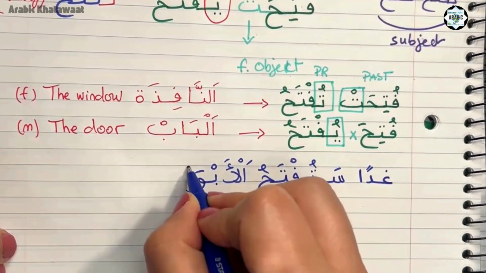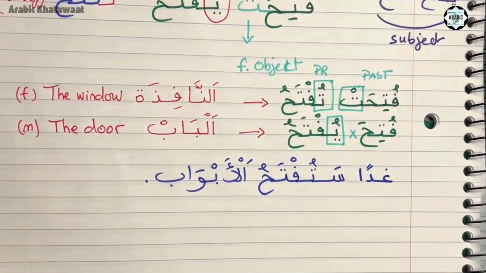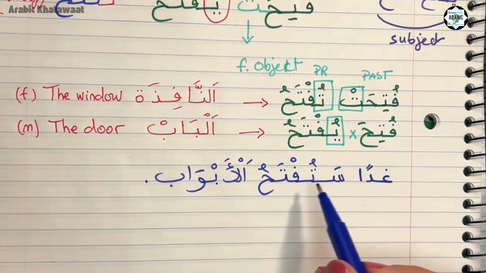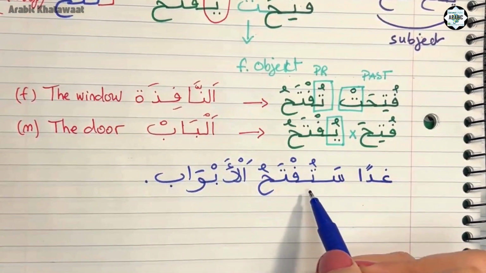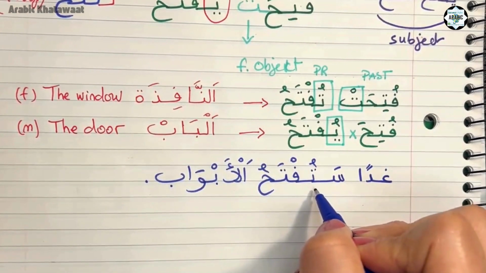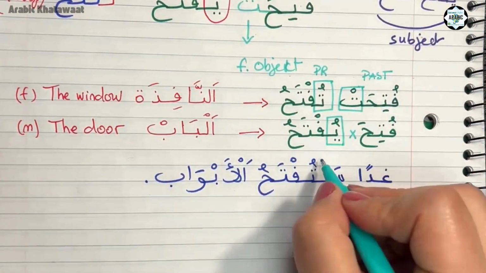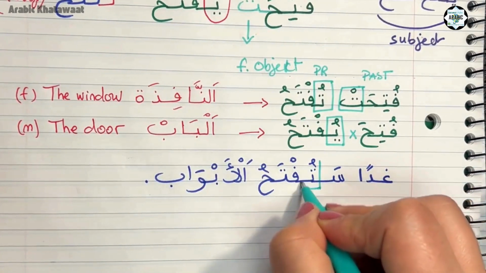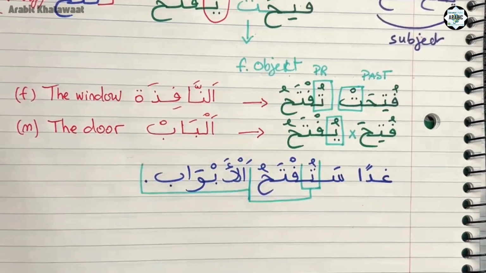This would be used in the context of announcements. I'm not telling you who is going to open the doors, but tomorrow the doors will be opened. غدا ستفتح الأبواب. الأبواب is non-human plural, so of course it will be referring to the feminine form in the verb here. So I have to use the ta because I am talking about the doors.